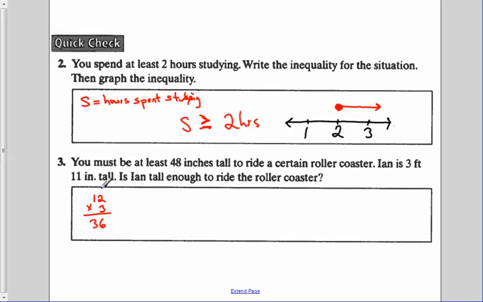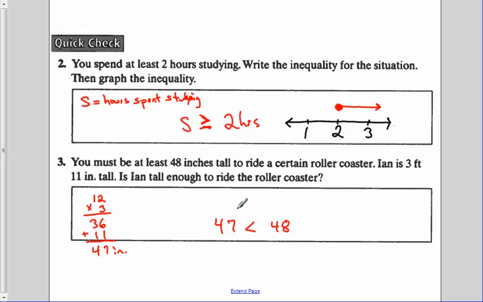But I'm not done yet, because he's also 3 feet 11 inches. So I'm going to add to my 36 inches those additional 11 inches, and I get 47 inches.